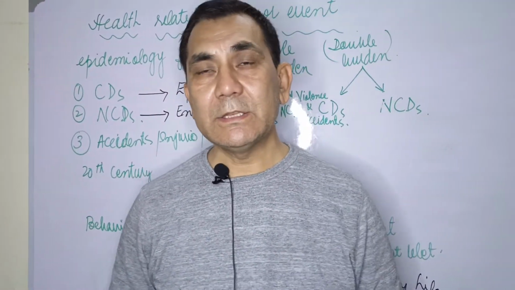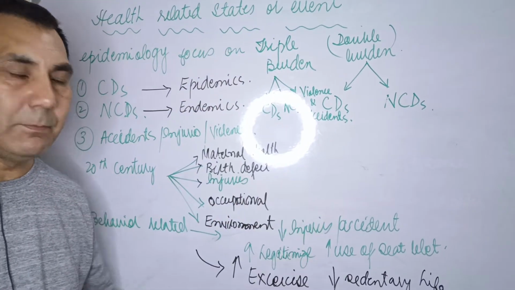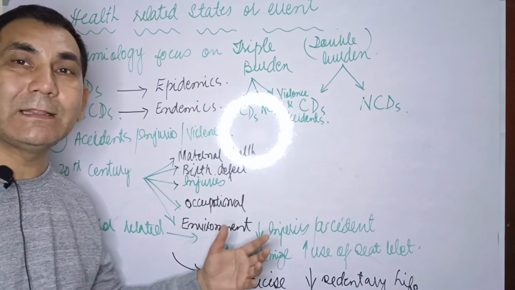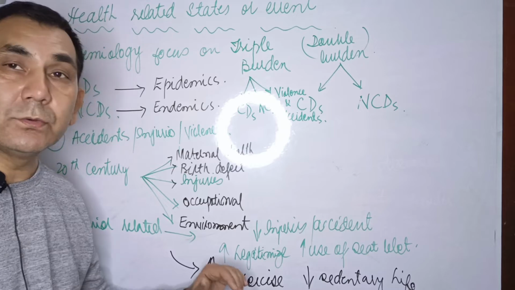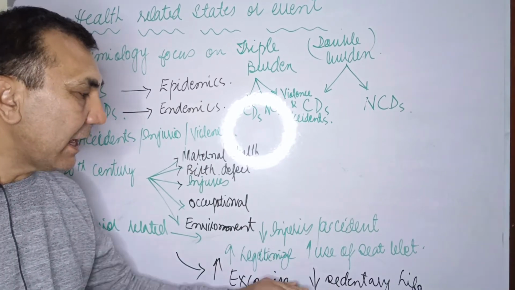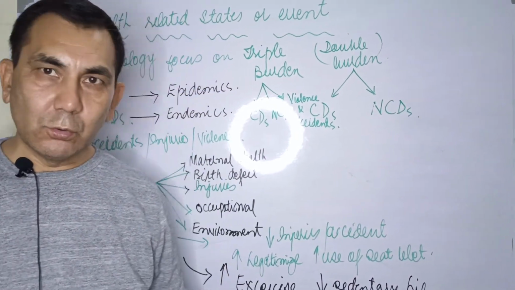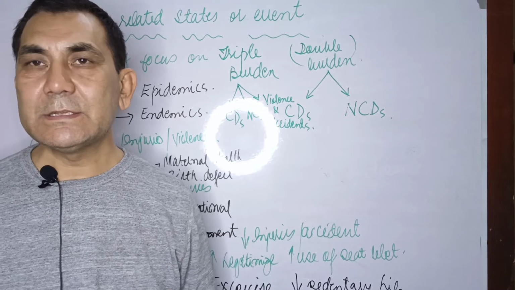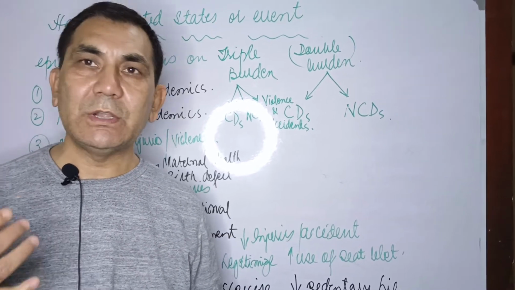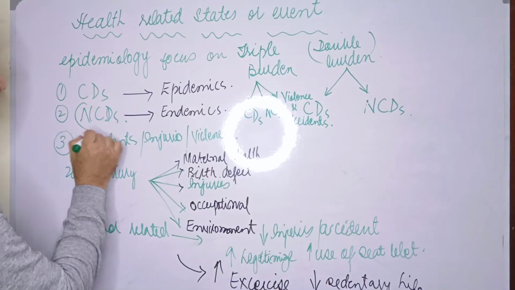Public health specialists and epidemiologists educate people through health promotion and health education. They promote increasing exercise in their lifestyle, which also decreases the sedentary lifestyle. By increasing exercise in daily life activities, it mostly targets non-communicable disease.